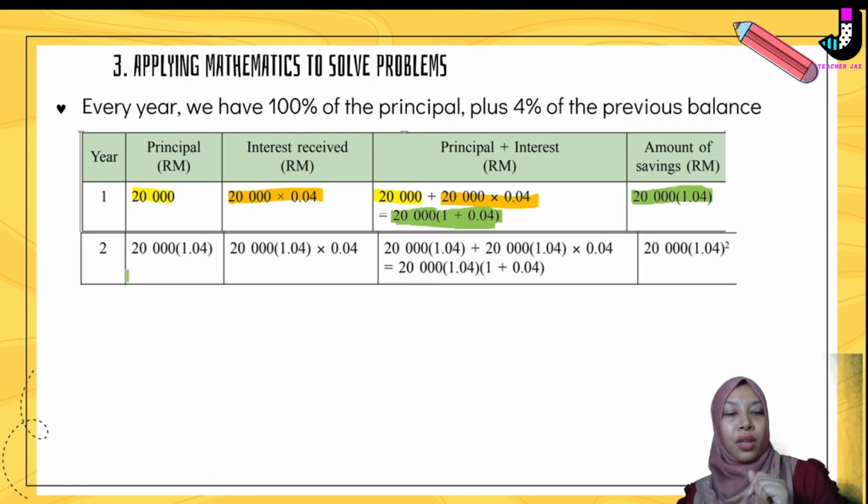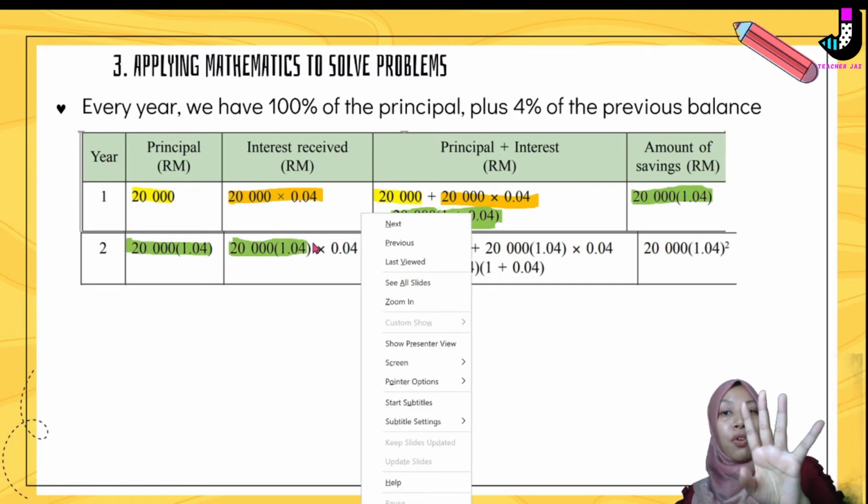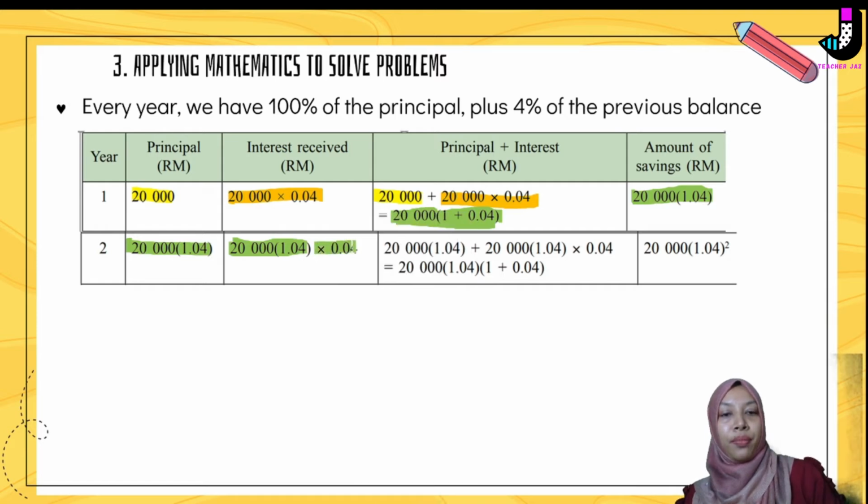Next, for the second year, of course, takkanlah nak remain principal as 20,000. It must dah berkembang, dah bertambah. It will be 20,000 multiplied by 1.04 here. So for this principal, how to get the interest received? You must multiply with 0.04 because every year we have that 4%.